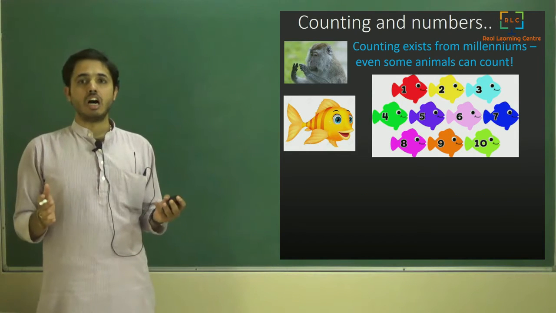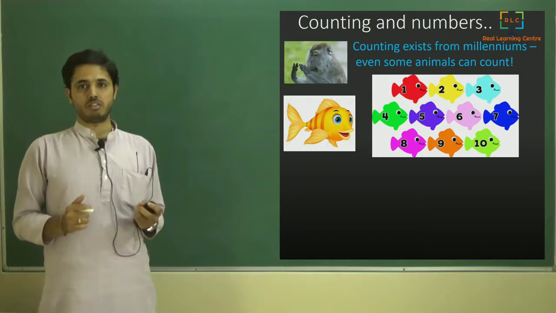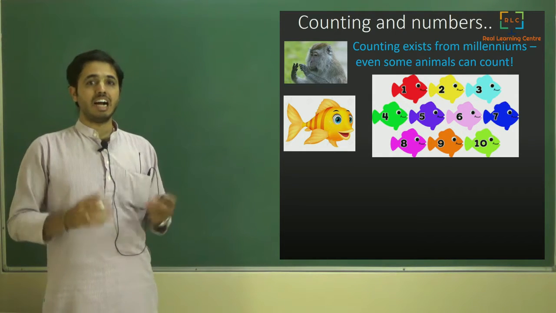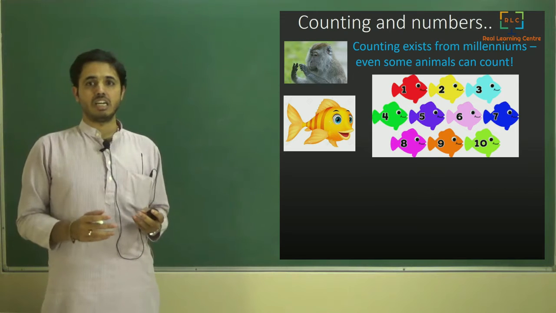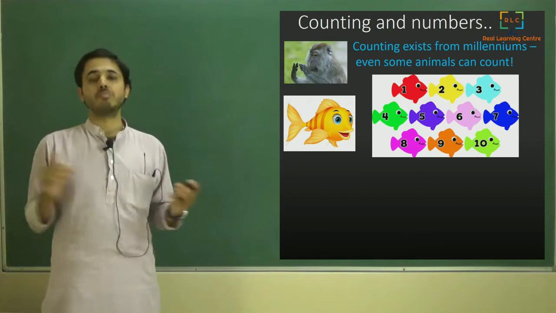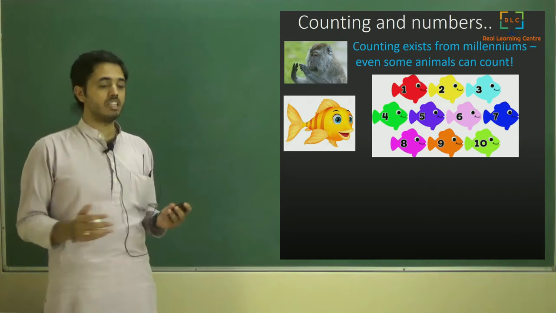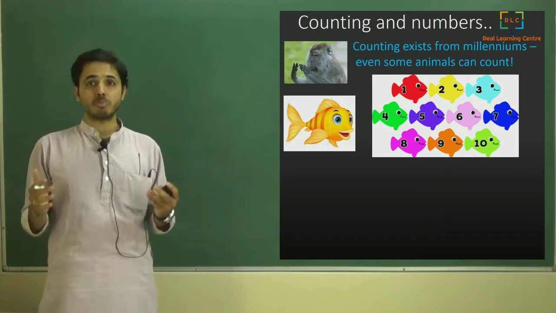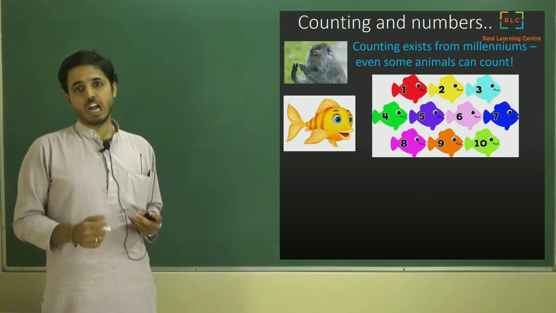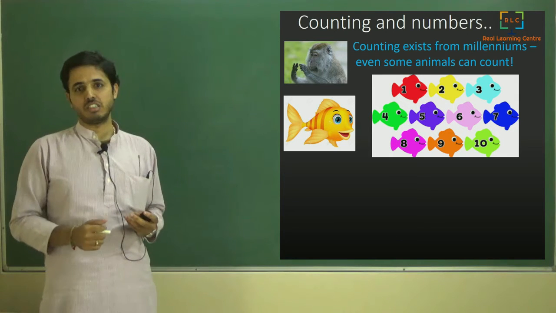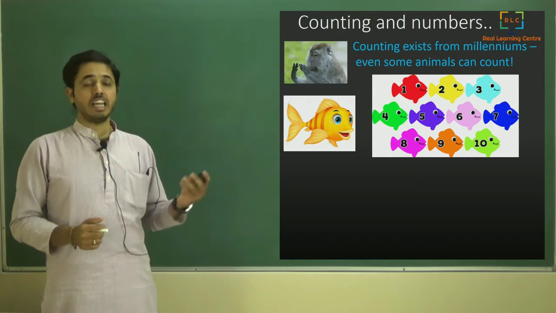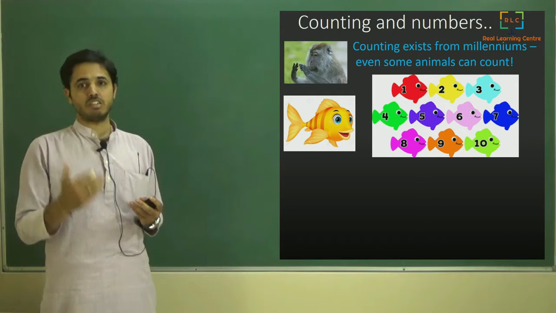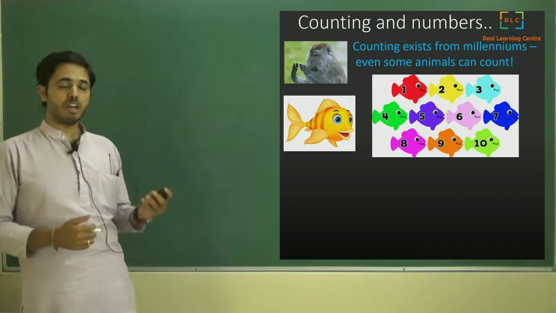Now this concept of counting. The concept of counting is there from millenniums. In fact, not just among humans, even among animals, the concept of counting exists. I would like to give a couple of examples for that. They had performed experiments to test this concept of counting among animals.